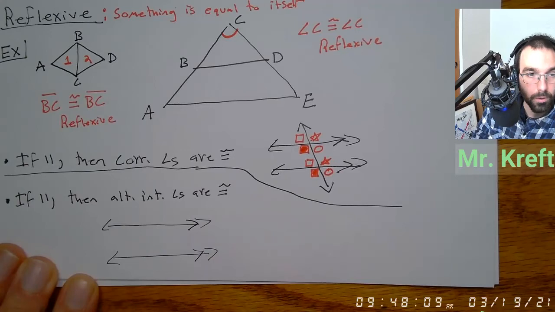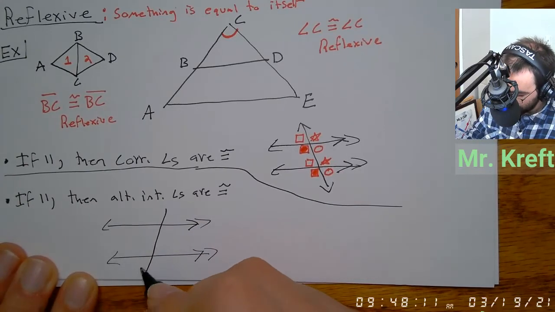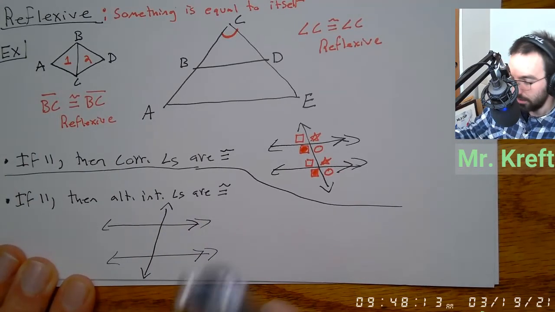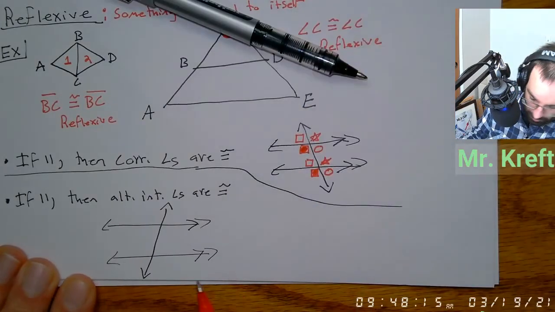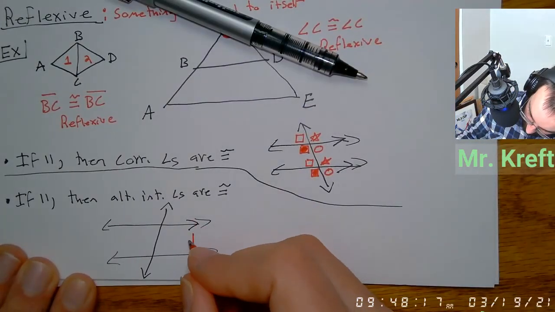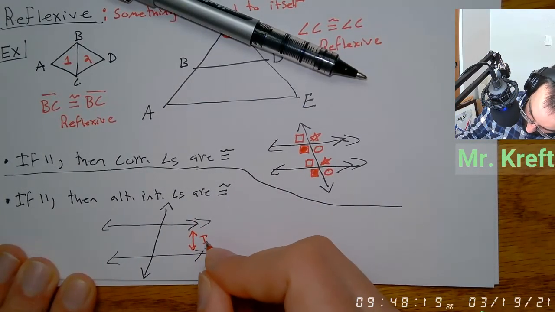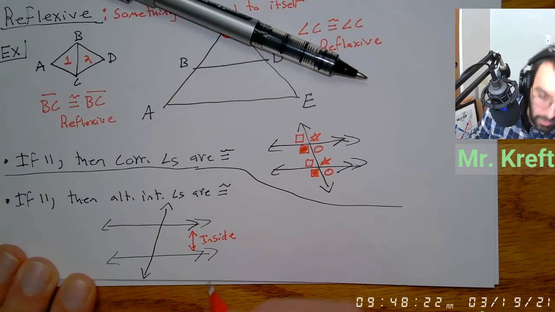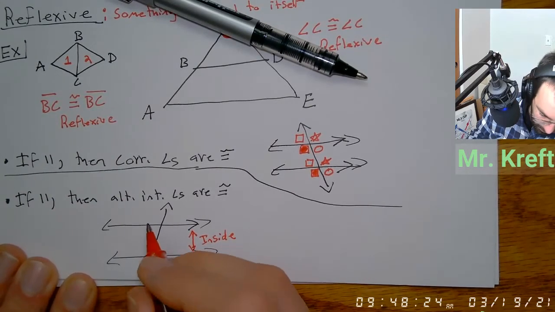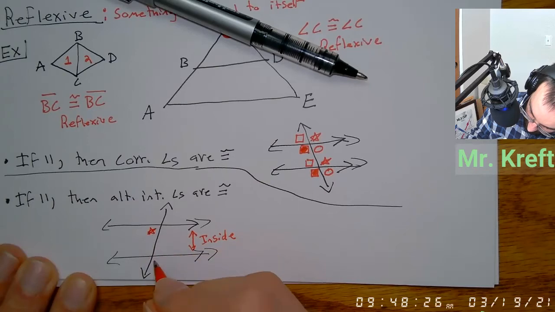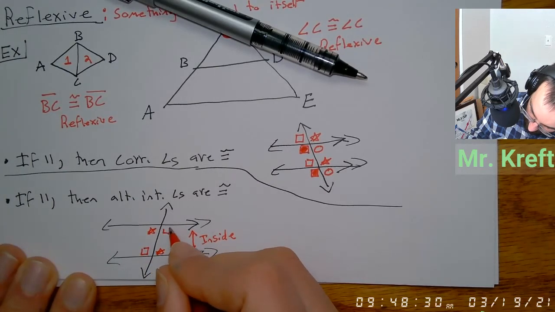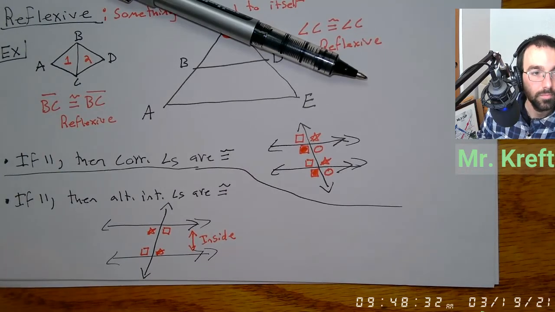I just add in an extra set of arrows pointing one direction. Now remember, we're inside, so inside means inside the parallel lines. And they're going to alternate, but they're not going to be linear pairs, right? So they're going to alternate, but not be linear pairs.